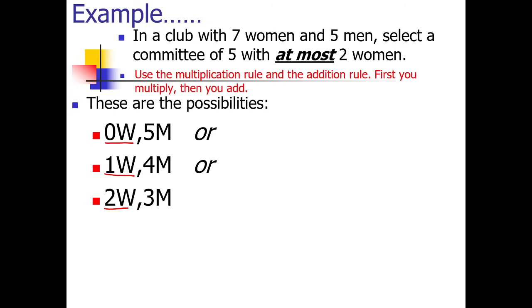So if I have 2 women, 3 slots will be given to the men. If I have 1 woman, 4 slots will be given to the men. And of course, if no women, meaning all 5 are men in our committee, because our committee consists of 5. So let's begin with this one.